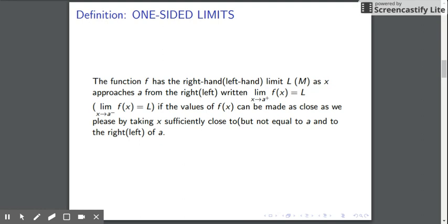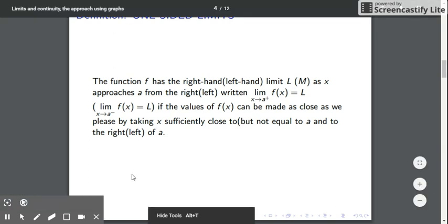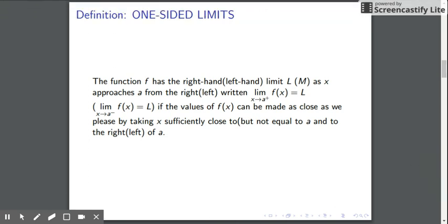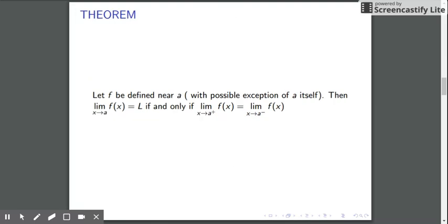And the other one says as we decrease values of x to be closer and closer to a, do we predict anything for y? Plus means the x values are more than a, minus means the x values are less than a. That's from the left. This one is from the right. And so this is also the definition, as we get closer and closer to a from either side.